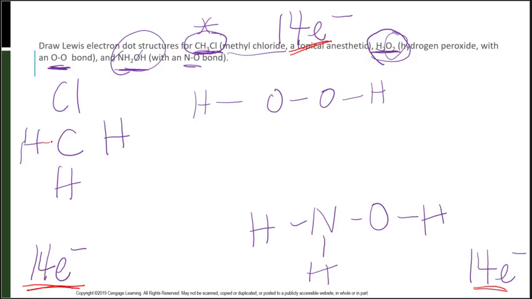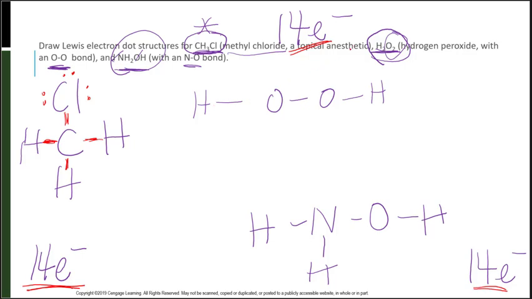Let's see how they all go. We're going to have a bond between the carbon and each of the hydrogens and the chlorine. So carbon is happy with 8. Each of those hydrogens is happy with 2, but that top chlorine only has 2. So we've got so far 2, 4, 6, 8, 9, 10, 11, 12, 13, 14. This one is done.